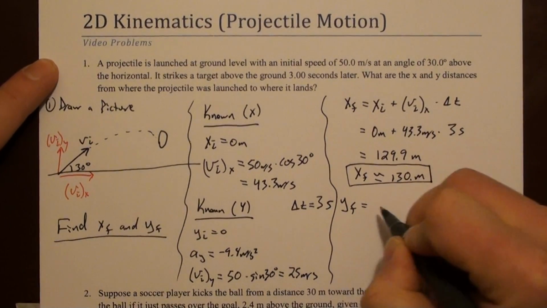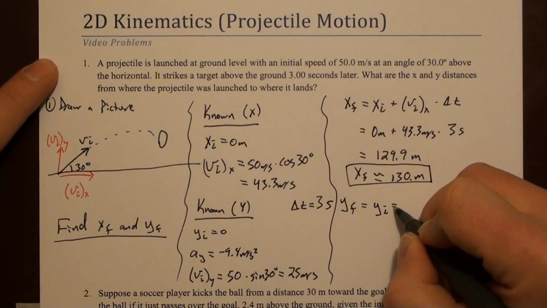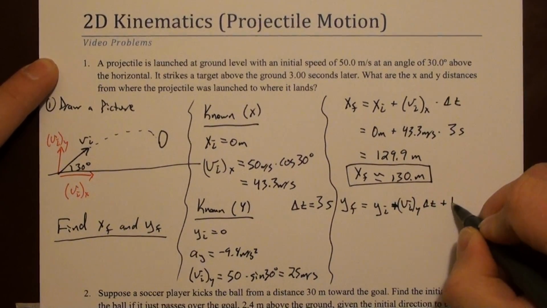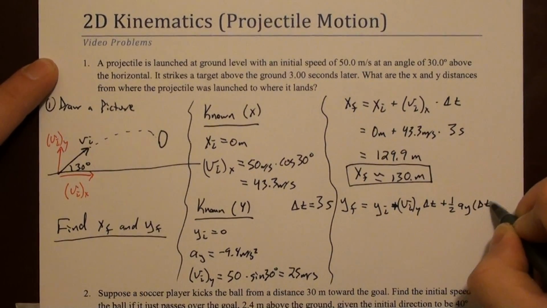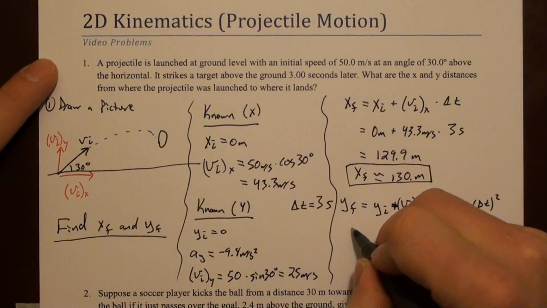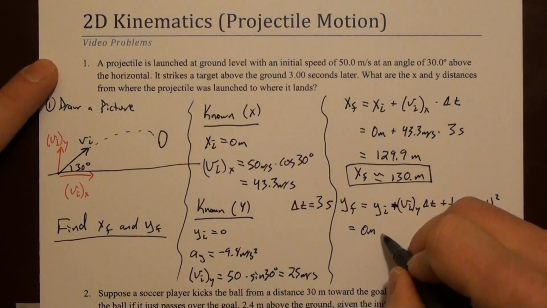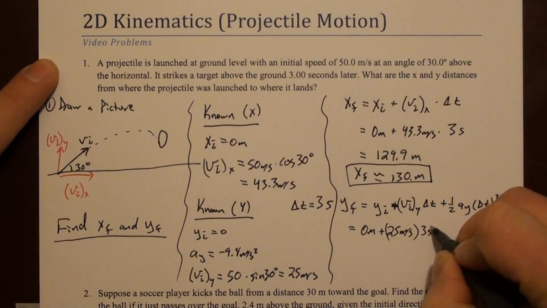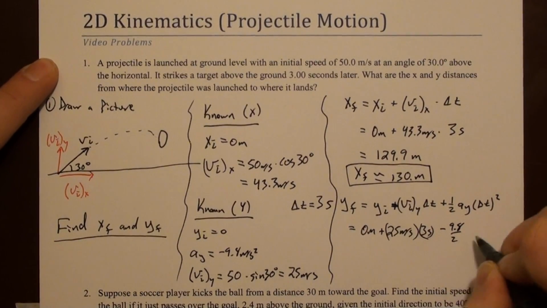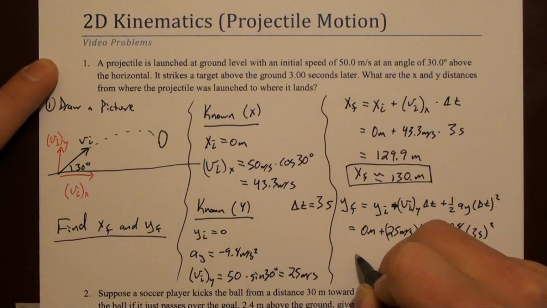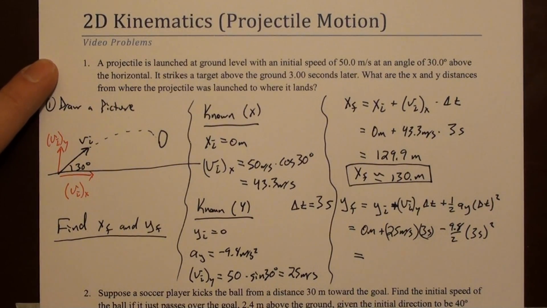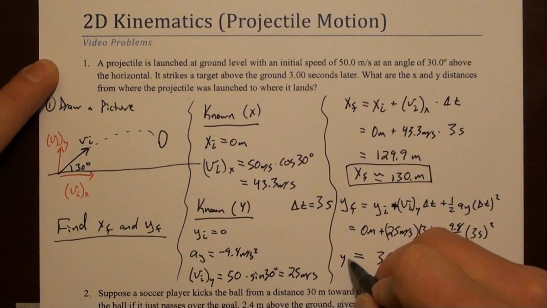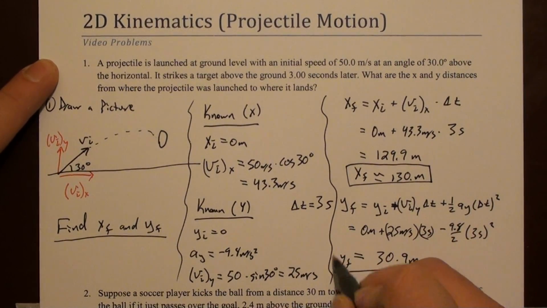So the equation is y final equals, oops, so plugging values into this, 0 meters, doing that math, I think gets you 30.9 meters. Y final.